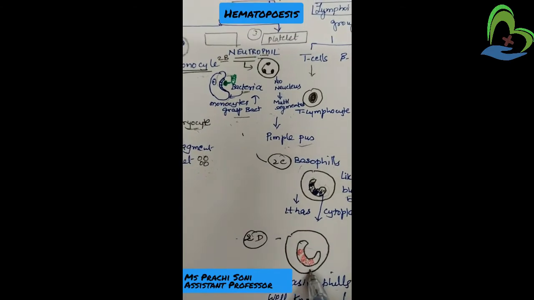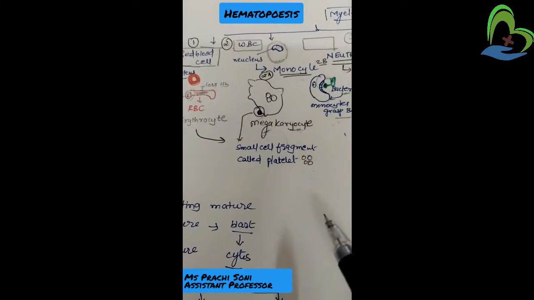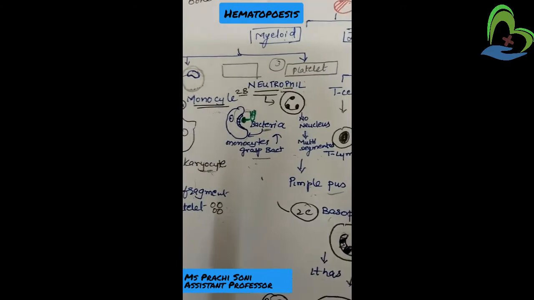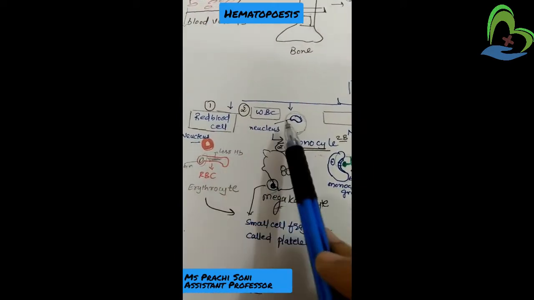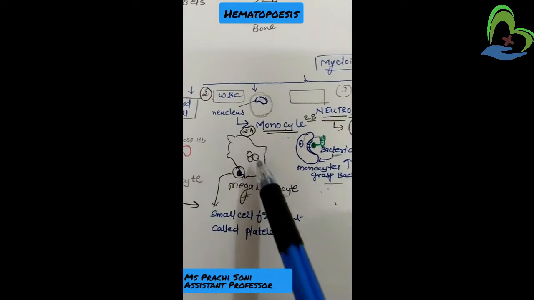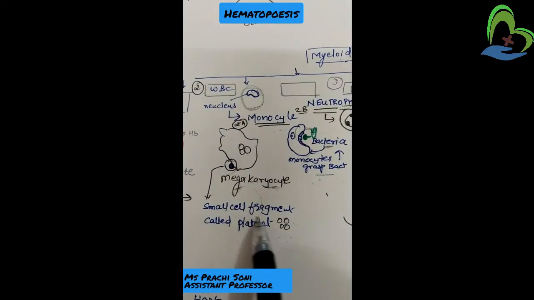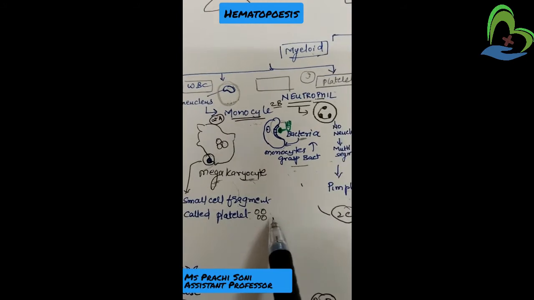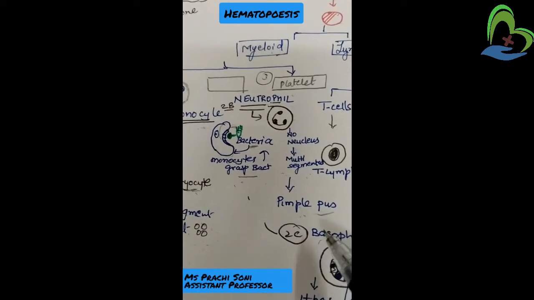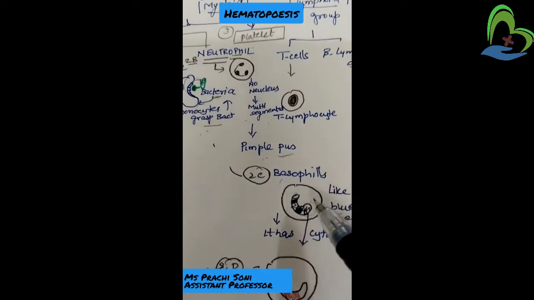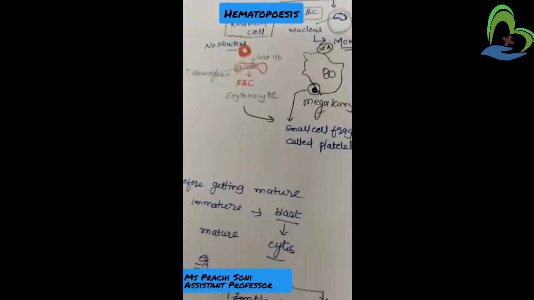If we go through the other cells, we can see that there are also platelets present. So the three basic structures that the myeloid forms are the red blood cells, WBCs and platelets. Megakaryocytes, the biggest ones, produce the small platelets, and the small cells are called monocytes, then neutrophils, basophils and eosinophils.